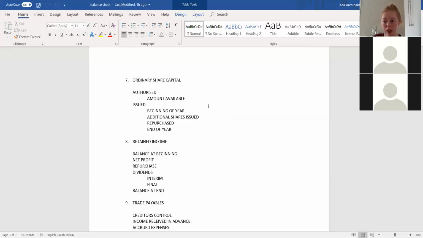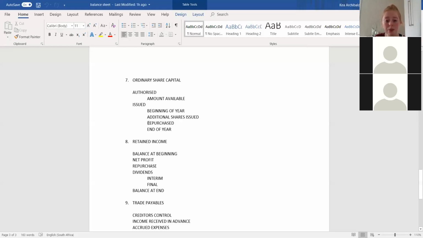So most of the time it's at a higher price. They would give you the number of shares and what the total amount received was, and then you'd say total amount received divided by the number of shares to get your per share cost.